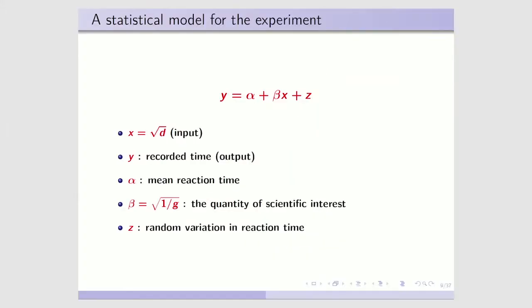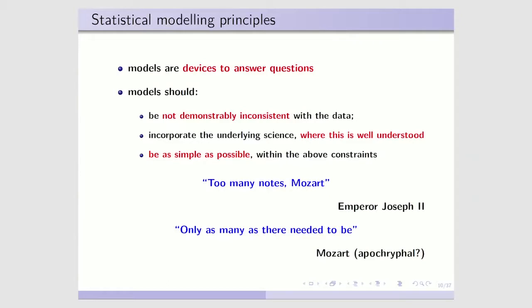And that's just the linear model, and this sort of introduces you to what I think are probably now very well agreed statistical modelling principles, that models are just devices to answer questions. The minimal requirement of a statistical model is that, this is a phrase I got from David Cox, it's a typically cautious statistical phrase, not that I'm saying David's cautious, in which statistical models should be not demonstrably inconsistent with the data.